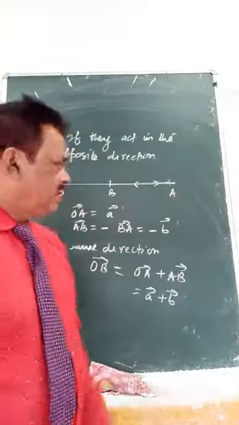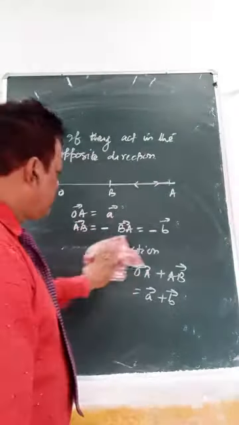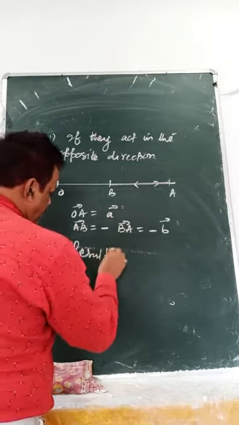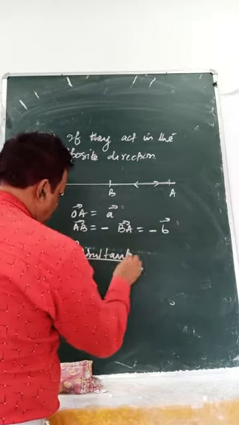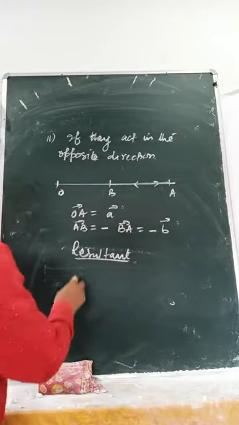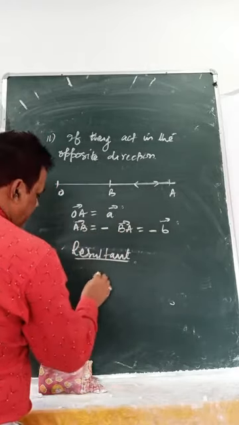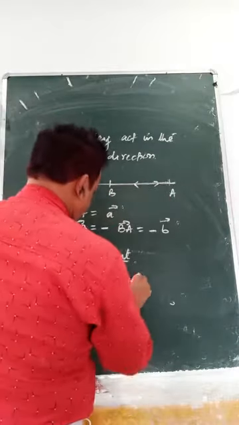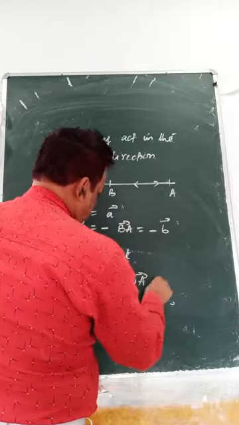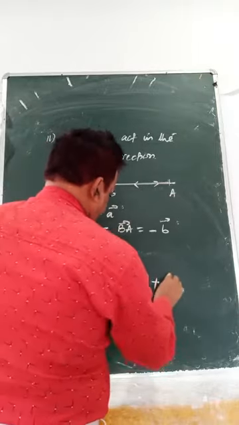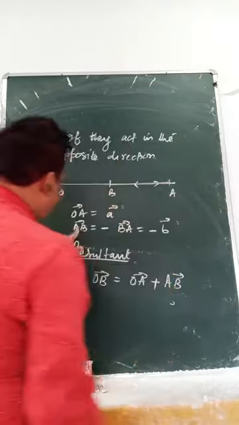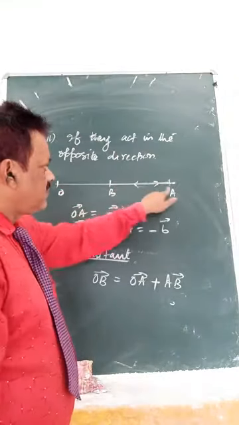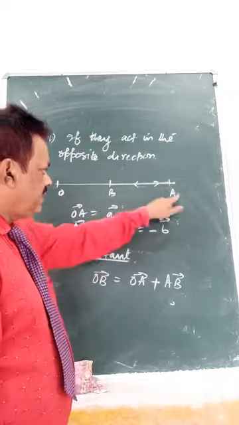So what is the resultant, the net vector OB? You have taken OA plus AB, but from the total you are taking out this part, that is BA vector.